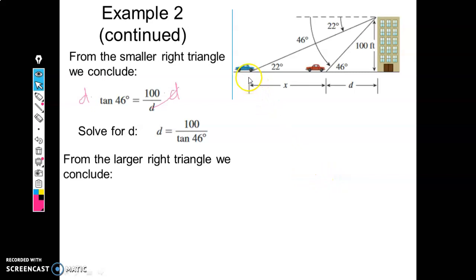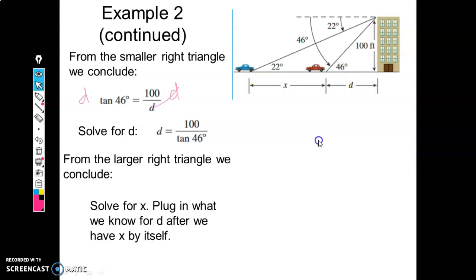Now let's figure out the total distance it was initially from the building, which is x plus d, because it's these two added together. So here we have tangent of 22, because we're doing the big triangle now, equals 100 over x plus d. Here we're going to cross multiply. Well, actually, I made myself a liar here.